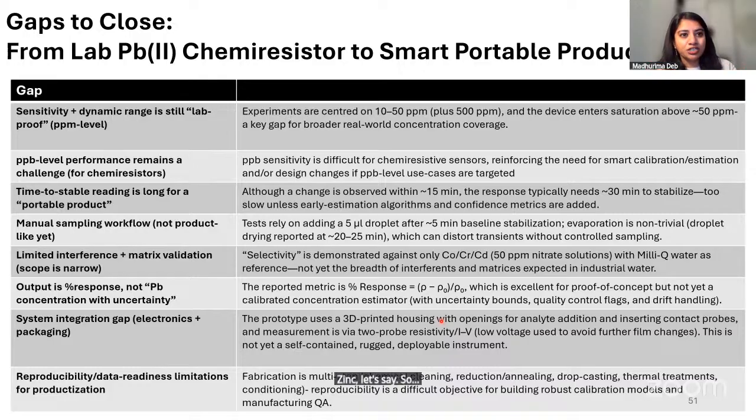And especially with the saline water problem, this is another issue which caused serious trouble for the selectivity domain. So, keeping all these things in mind, I think there is a lot of work that even for a simple sensor like a chemiresistive sensor, we can do and make it smarter.